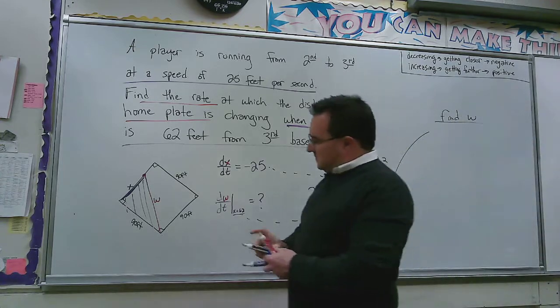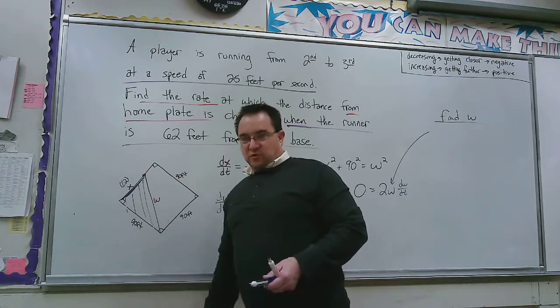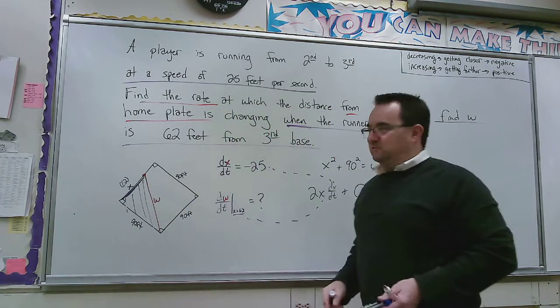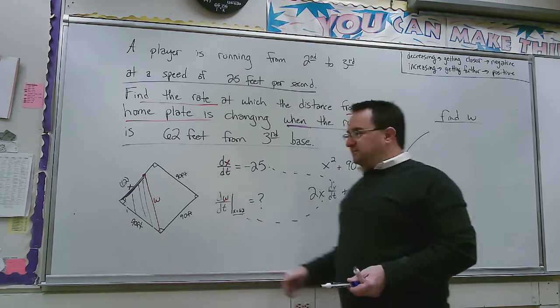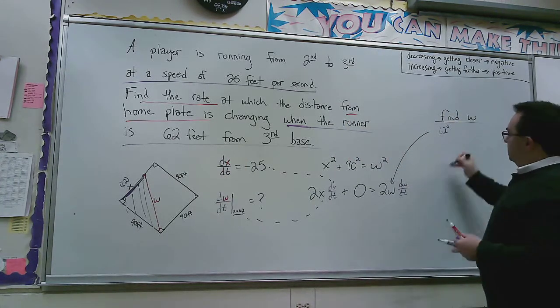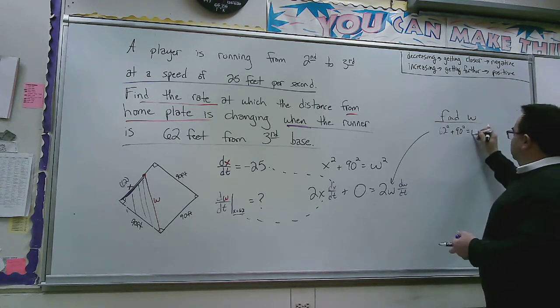So how am I going to figure out W? Well, this is not always 62 feet. The player's moving, but at this instant in time, I could figure out what W is by using the Pythagorean theorem. 62 squared plus 90 squared is going to be what squared?